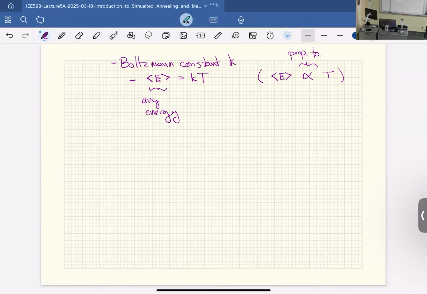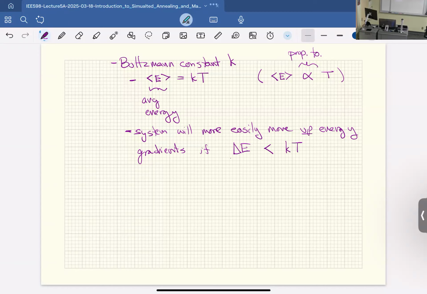But to summarize in words before I draw it out: a system will more easily move up energy gradients if delta E is less than kT, where delta E is the increase in energy up the gradient.